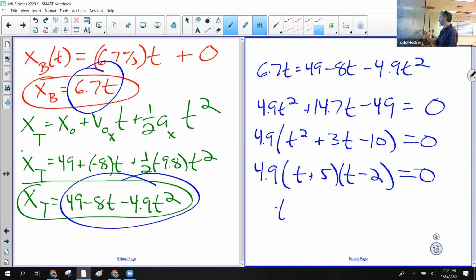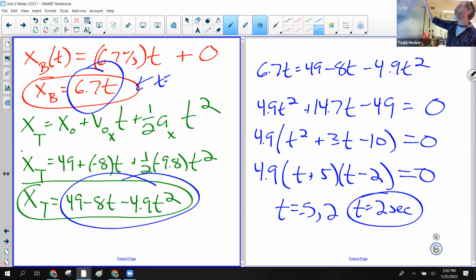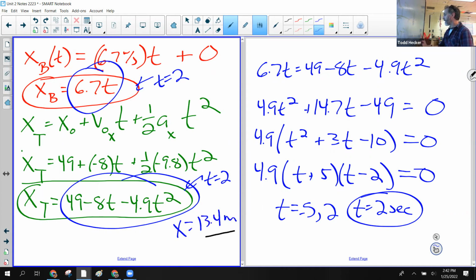So either t is negative 5 or 2. Time can't be negative, so t must be 2 seconds. That's the time at which they pass. Then to find the position, just plug t equals 2 into either equation, and in either case you get 6.7 times 2, 13.4 meters up from the bottom of the cliff is where they cross paths.